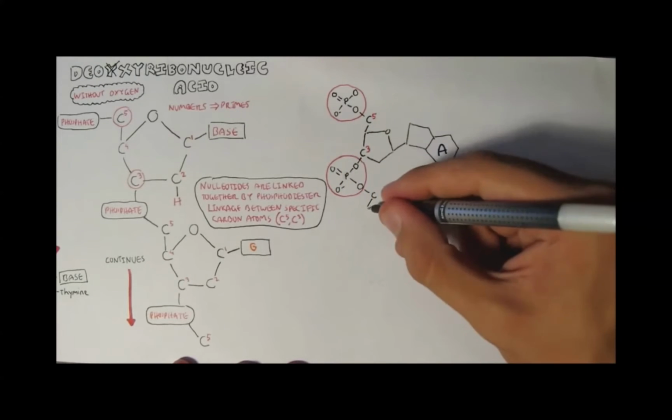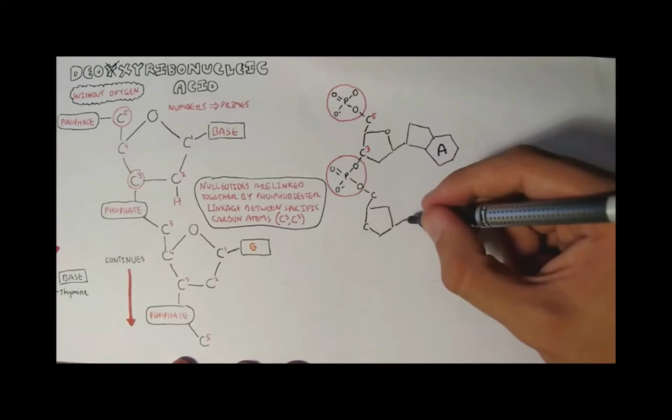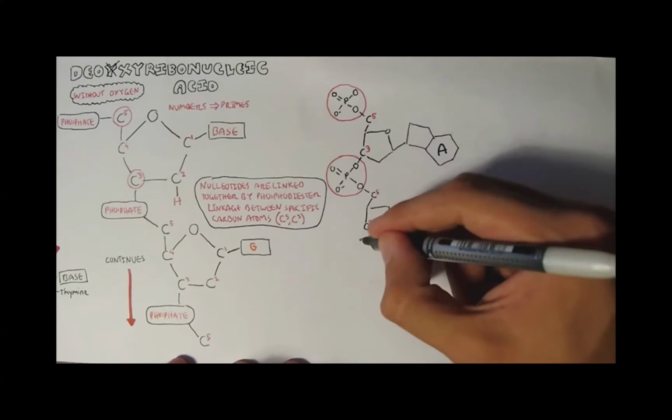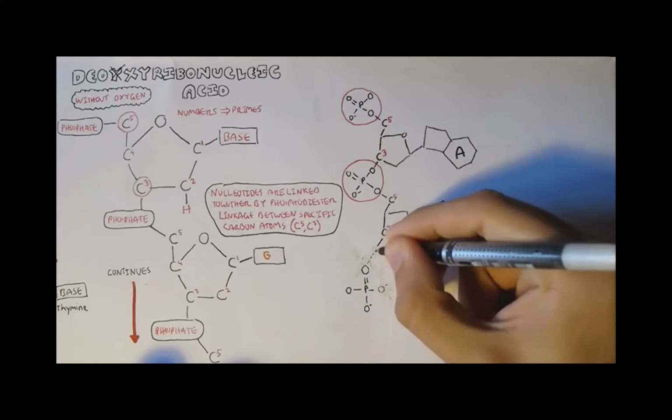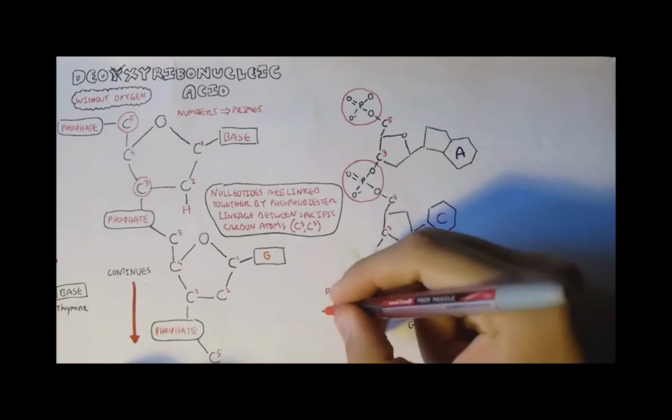And as you can see, this nucleotide has a cytosine base coming off the 1st prime, which means that it wants to bind to guanine. And over here we have another nucleotide, but it has not bound to anything yet. And it has a thymine base.